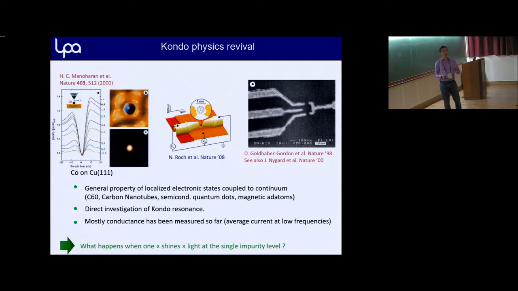Either you shine light to induce an out of equilibrium dynamical state of this impurity and see what happens, or you shine light in order to probe the electronic system. You will see that both these ways of shining light can be interesting to understand features of the Kondo physics.